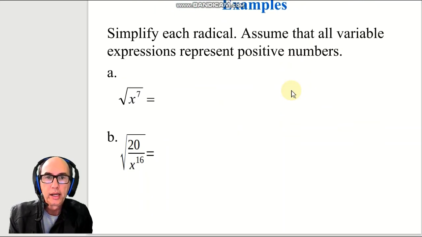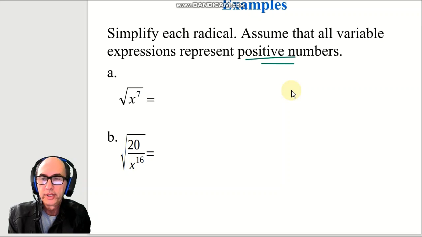Simplify each radical. Assume that all variable expressions represent positive numbers, so you don't need to worry about the sign. We have a variable here, x to the power 7, and this is a square root. Remember, the index is 2.